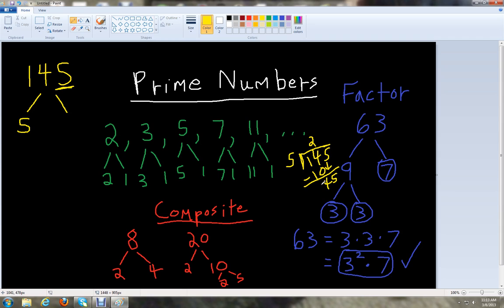And then 5 goes into 45 9 times. 5 times 9 is 45. That's 0. So we know that 29 is also a factor.